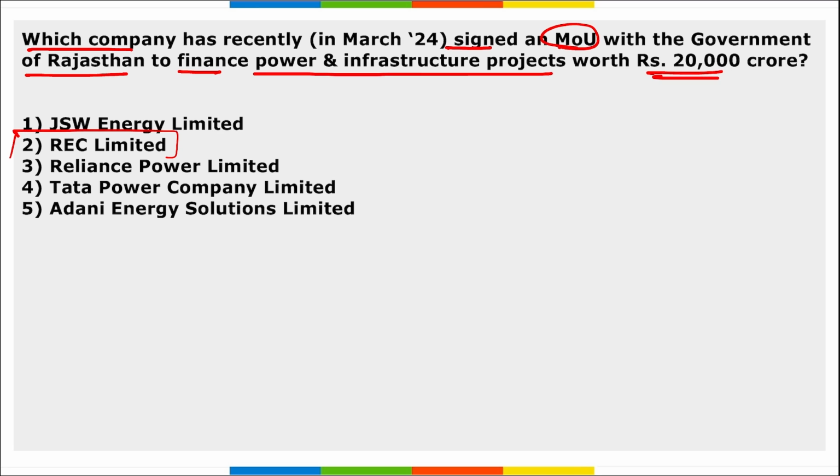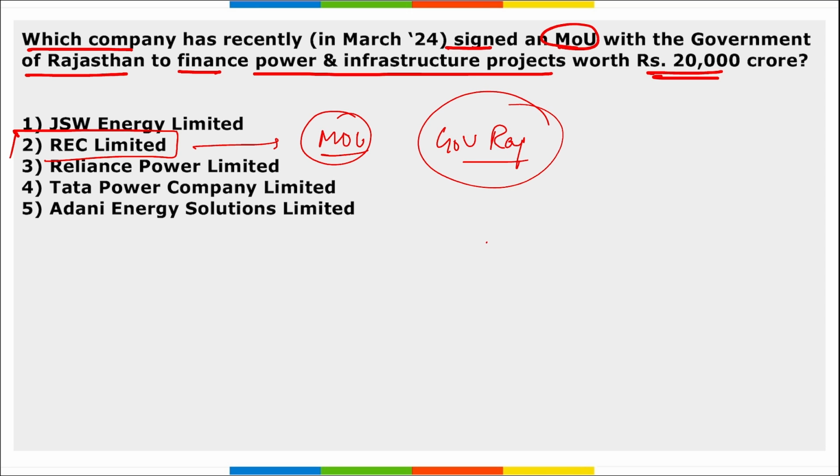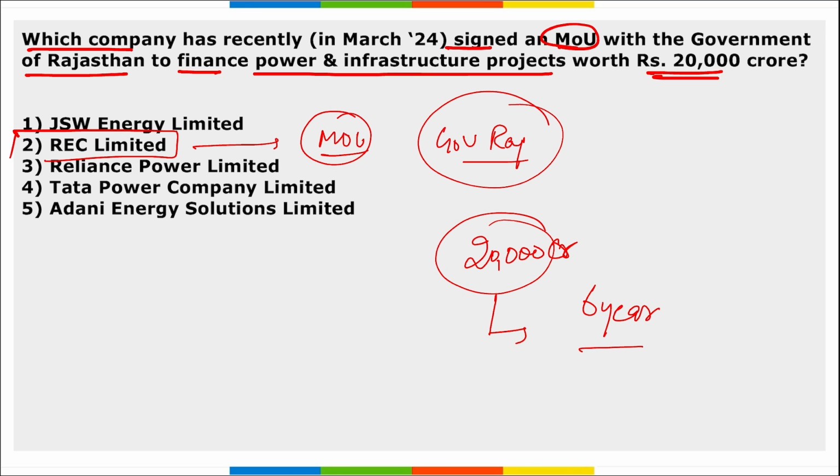It is REC Limited, that is Rural Electrification Corporation Limited. They signed a memorandum of understanding with the government of Rajasthan to finance power and infrastructure projects worth 20,000 crore rupees. And here the amount, 20,000 crore rupees, will be provided per annum for a period of 6 years, extending up to 2030.